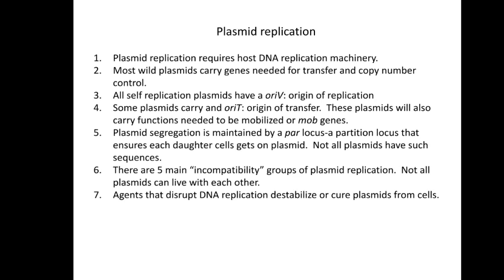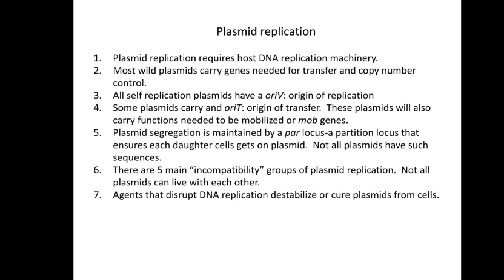There are five main incompatibility groups in plasmid replication. Not all plasmids can live with each other in the bacterium. So plasmid incompatibility is another key parameter which has to be decided for bacterial cloning or gene transfer.